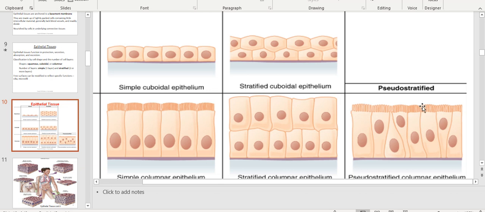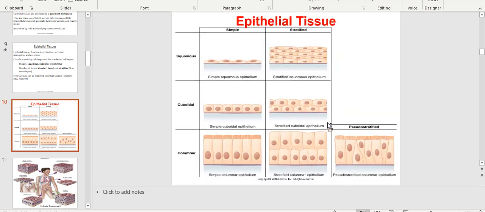Maybe a turkey sandwich is traveling down here, and these cells are absorbing the nutrients. Here we have simple columnar, where they're straight and look like good columns. Here we have stratified columnar, where these cells are not touching the basement membrane. But in pseudo-stratified columnar, they're all touching the basement membrane at some point. They're all different shapes and sizes, but they're all here.